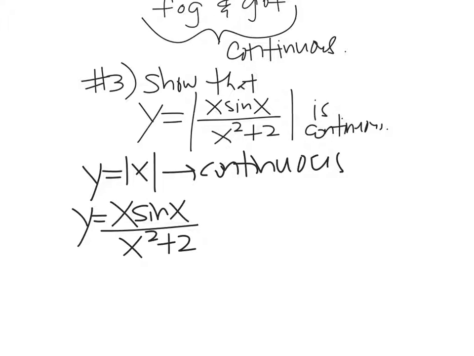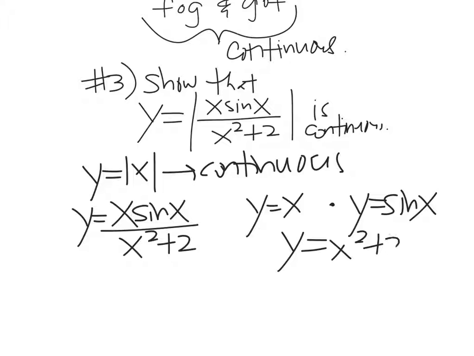Okay, and we can break this down into 3 different graphs. We can break this down into y equals x, y equals sine x, and y equals x squared plus 2. So this is being multiplied to this one, and then you also have the parabola on the bottom.